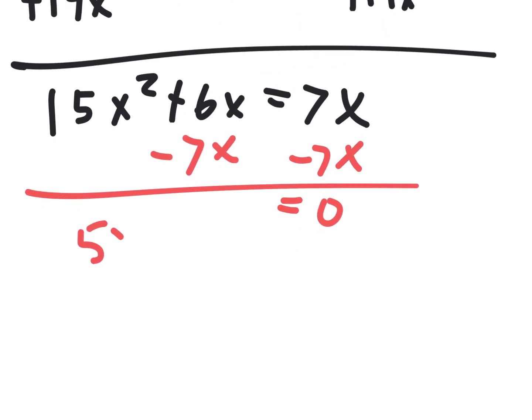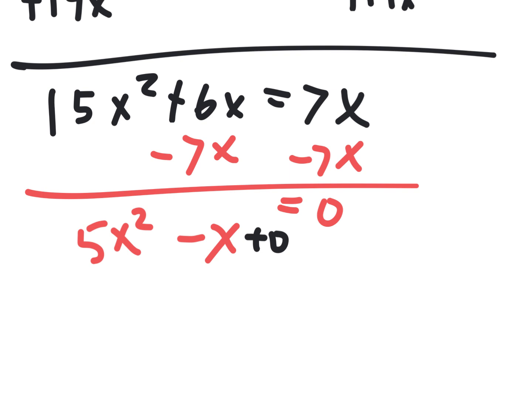But wait, 5x squared minus x, there's no third number. Isn't it supposed to be like plus 2? Couldn't you just put plus 0 if you wanted to? If you really, really wanted to know what the c was, you could just throw a 0 in there. So then a is 5 and b is -1 and c is 0.